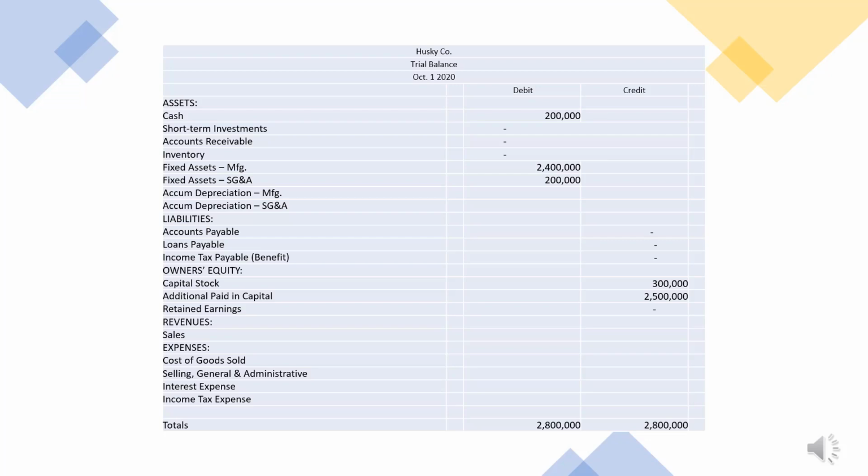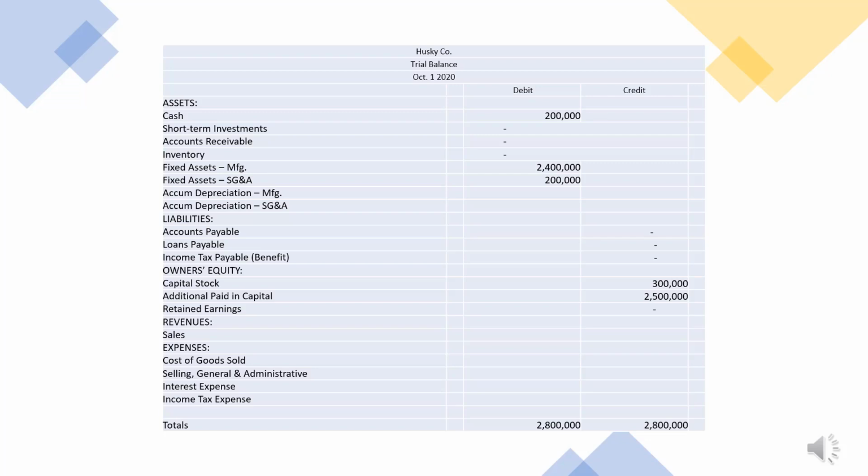Now remember that they sold $2.8 million worth of stock. Here you see where they bought $2.4 million worth of fixed assets for manufacturing and $200,000 worth of fixed assets for the SG&A, or selling, general, and administrative uses.